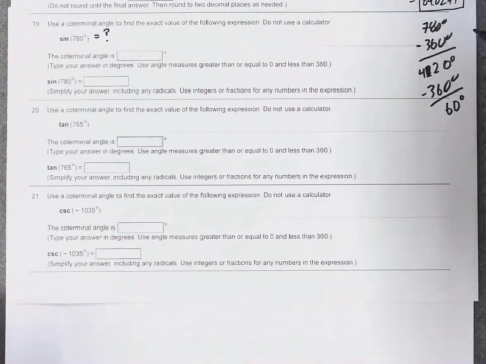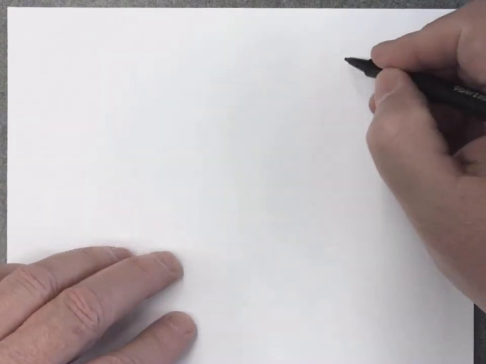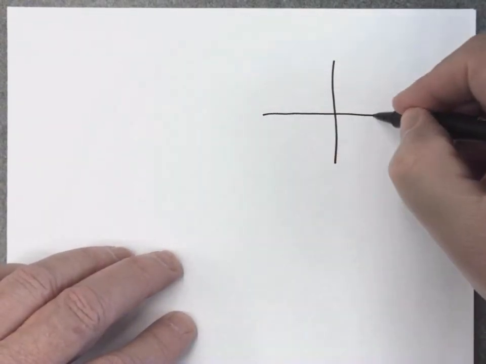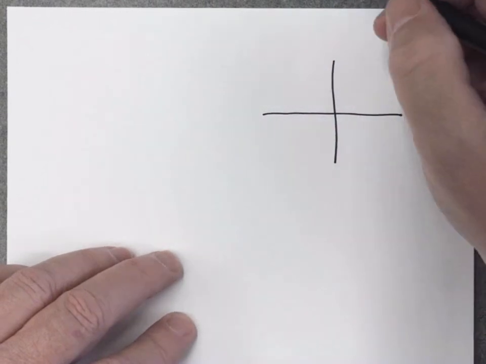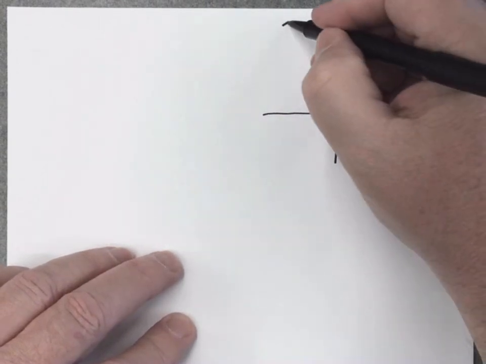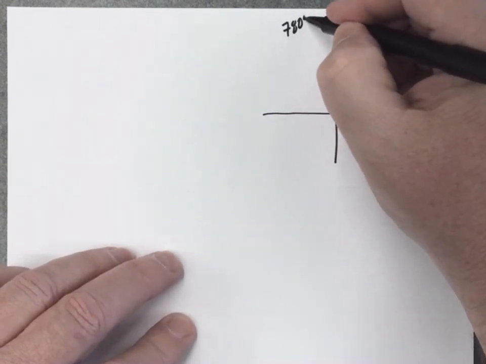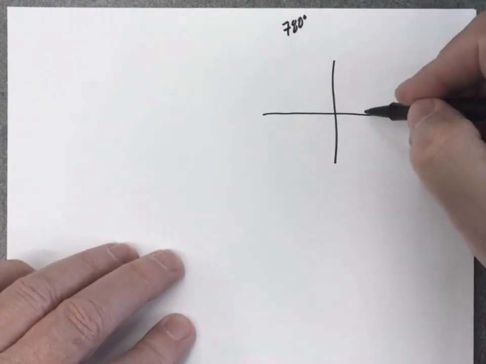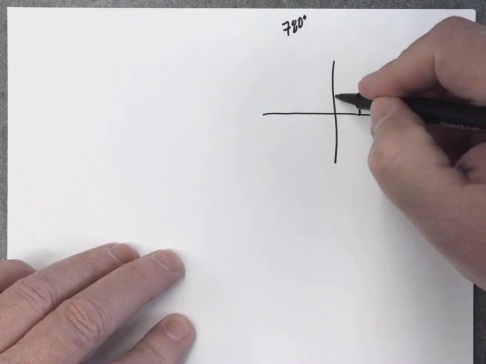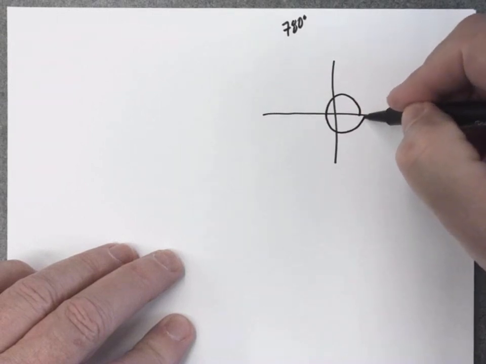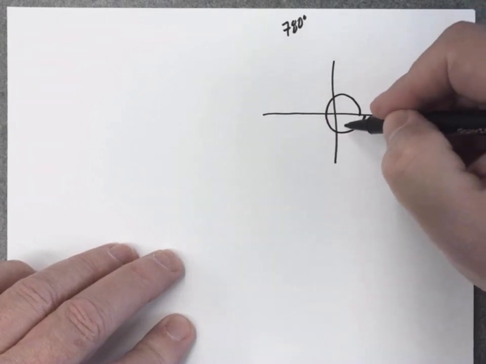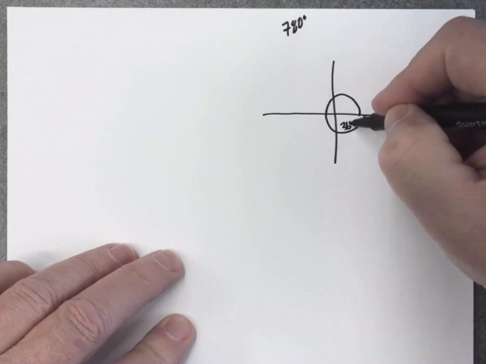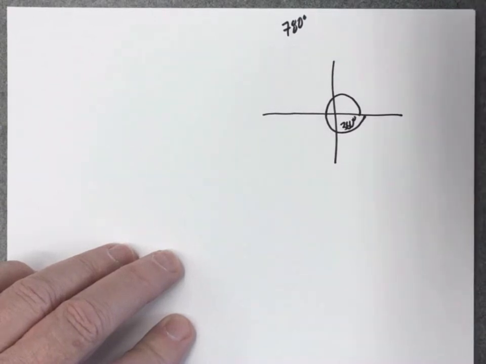So here's what this is saying. Let me actually diagram it on this first problem so you know what you're doing. They're asking for the trig function of a 780 degree angle. So we start here, we go all the way around to this point. We've gone 360 degrees.